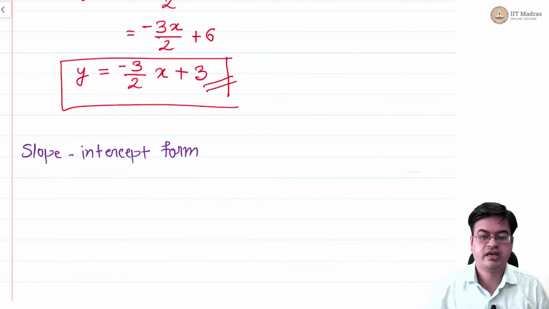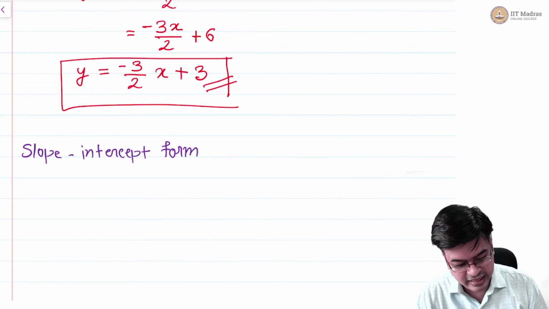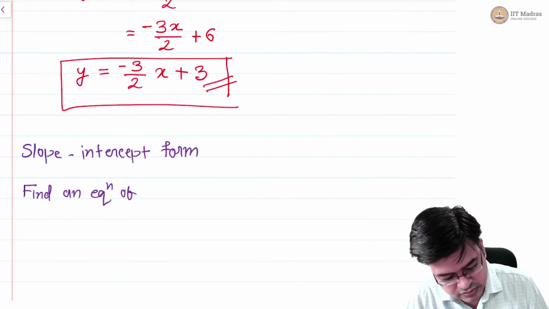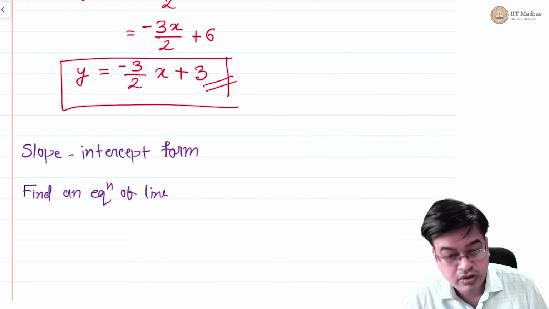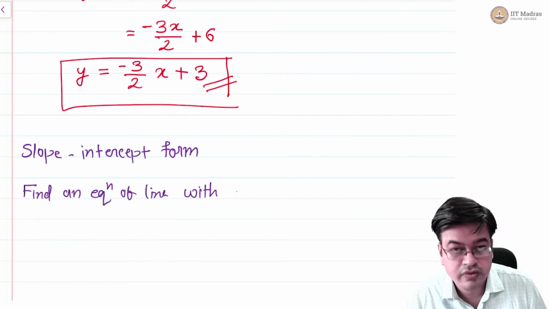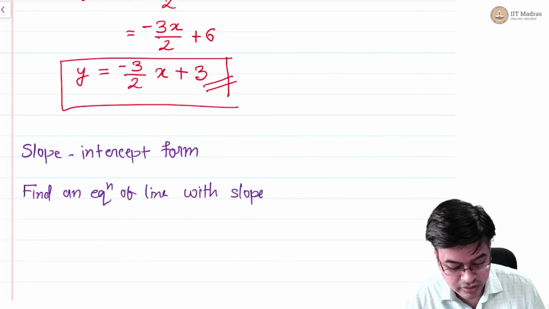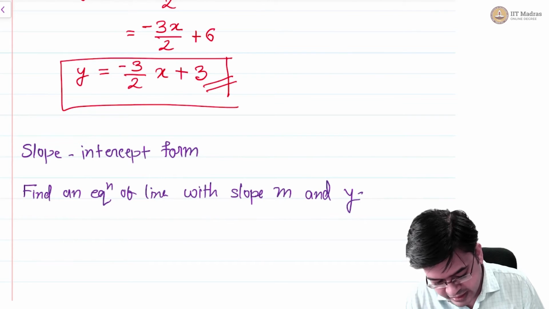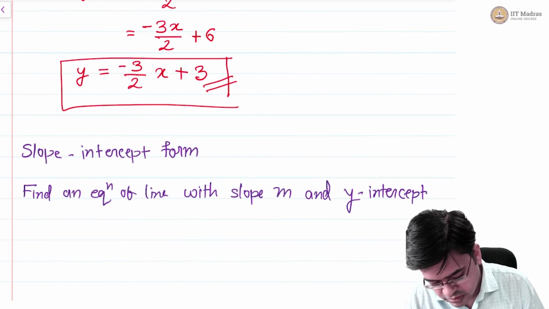Let us say I want to find the equation of a line which has slope m and y-intercept, say b.